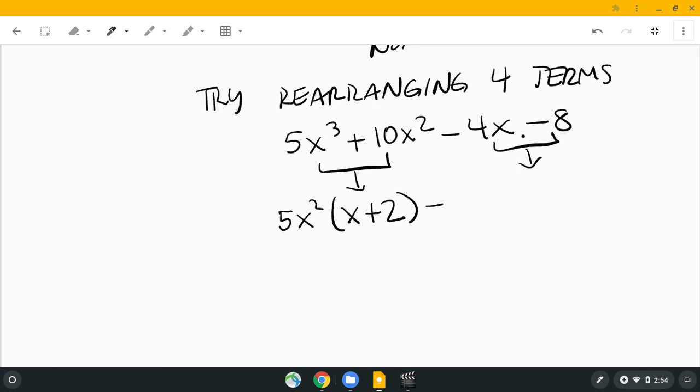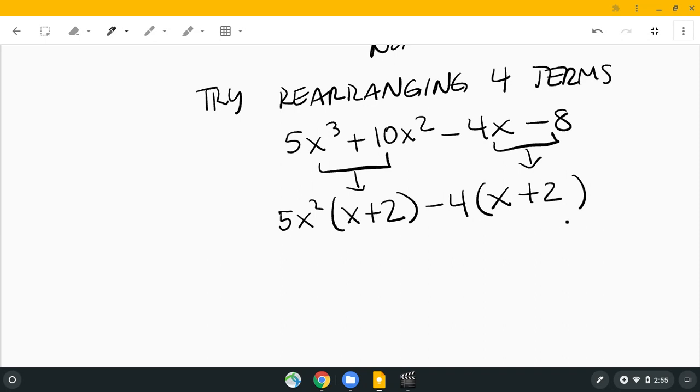Here they have 2 and 4 in common, and so now it's more like a negative 4. So negative 4 times x, and negative 4 times what to make negative 8? It has to be a plus 2. Negative 4 times positive 2 is negative 8. So be careful when this is a subtraction.